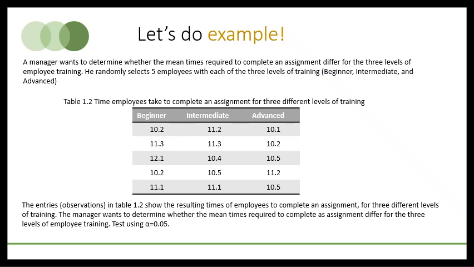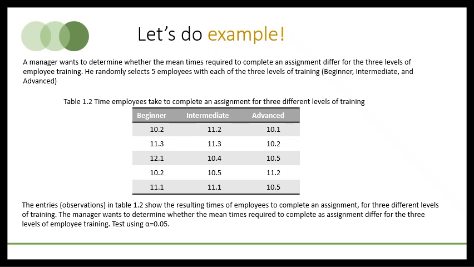Okay. For this question, first of all, let's discuss why it's considered an ANOVA. First, we can see that in this example, it consists of 3 different levels, which is beginner, intermediate, and advanced. This indicates that we have 3 different groups of data.